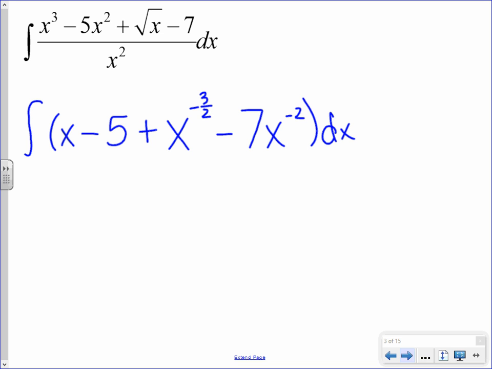So now we can do the power rule for each individual term. So now, antiderivative of x. Josie, what is it? It's kx plus c, right?